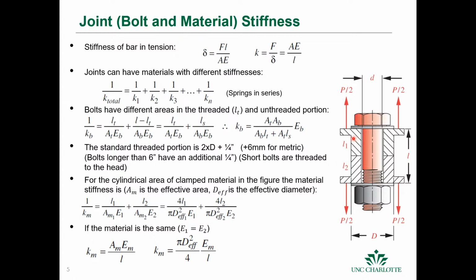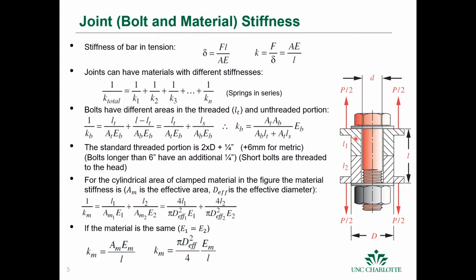In this case, we have a cylindrical area. This shows a cross section of two cylindrical objects here. And so if we have this area here of these two cylindrical materials that we're joining, we can calculate their effective stiffness as well.